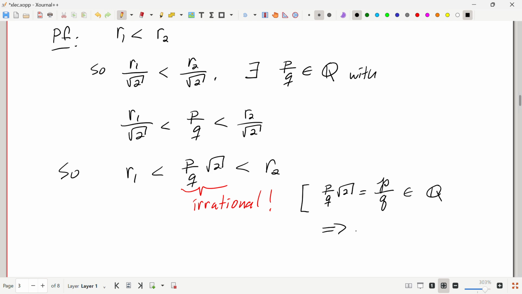That would imply square root of 2 is rational when you solve for it. And we know it's not, so that would be a contradiction.